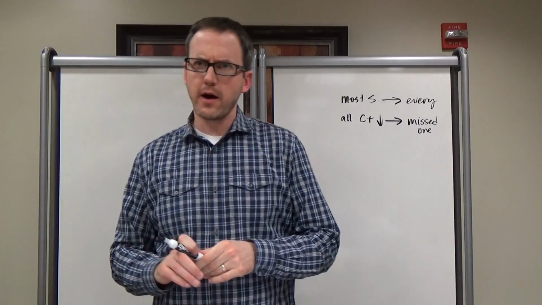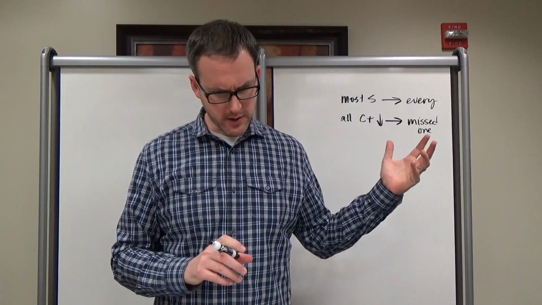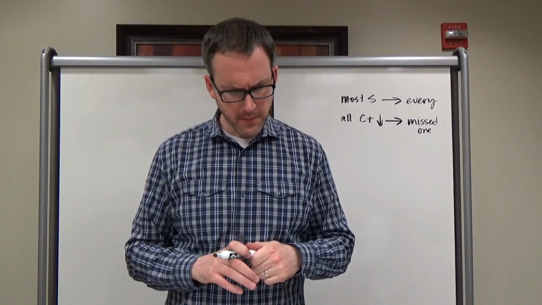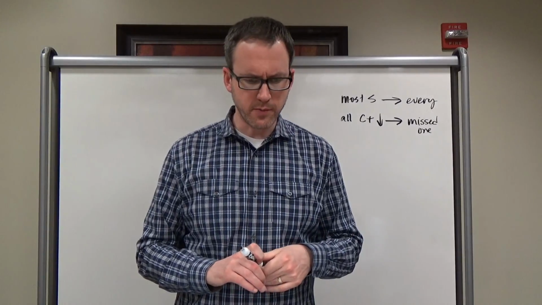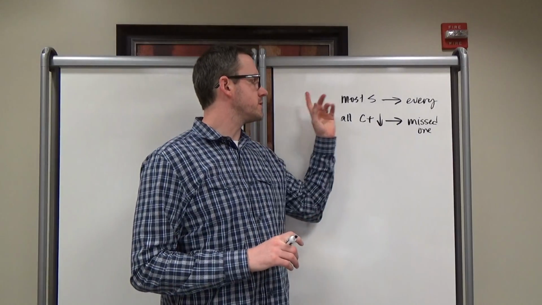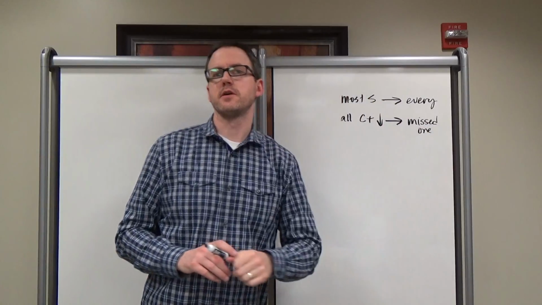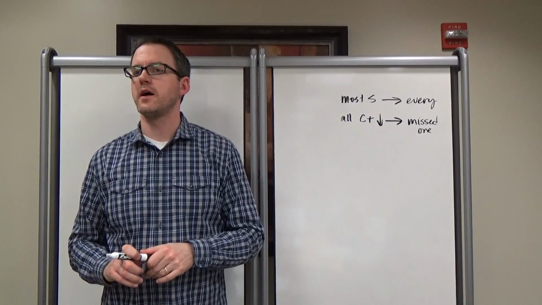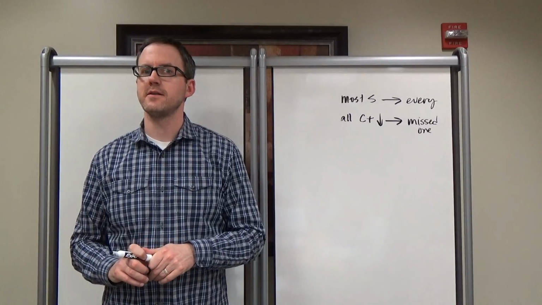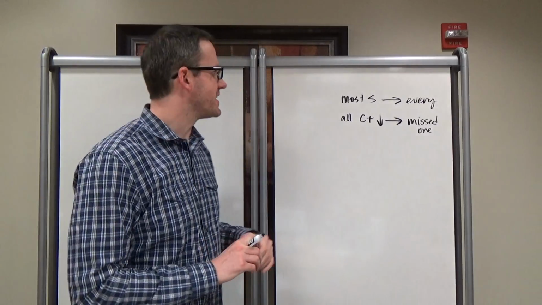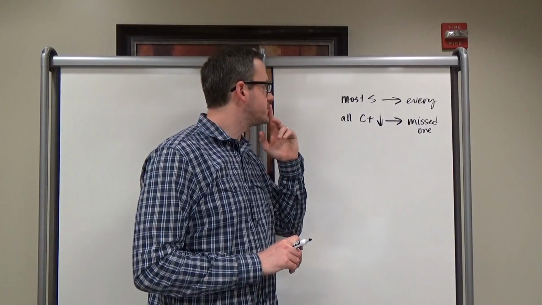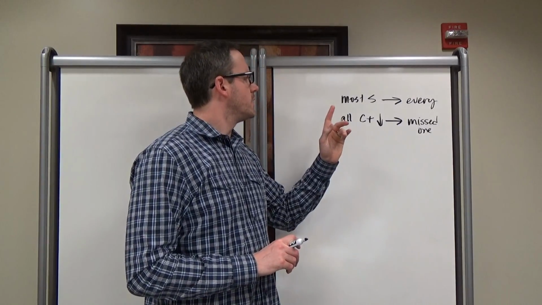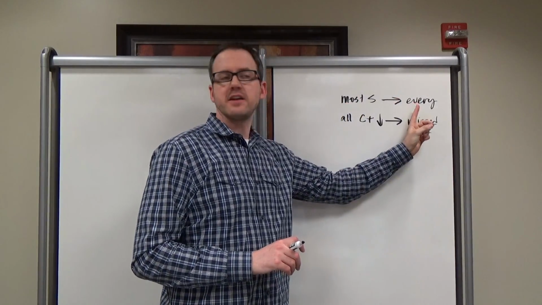So, this is a must be true question, right? What can be properly inferred? Does anyone see the relationship between these two claims? Okay, so if most students attended everything, right?